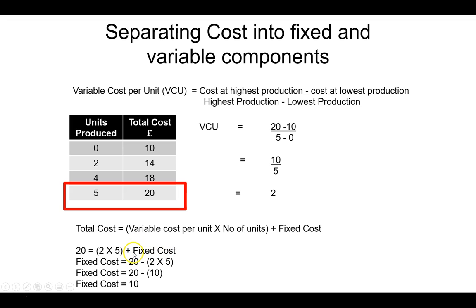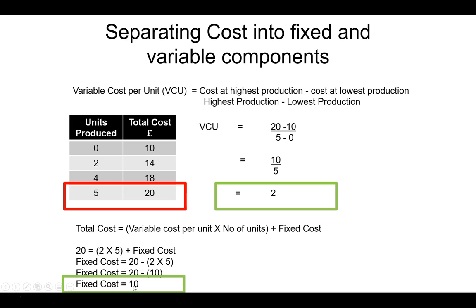So using your basic maths, our fixed cost will be equal to what? The 20 take away the 2 times 5. And we know 2 times 5 is 10. So 20 take away 10 gives us 10. So the fixed cost element of our semi-variable cost is 10.